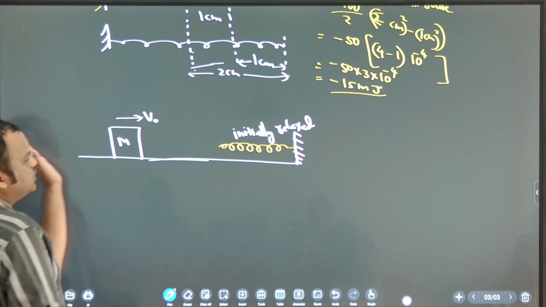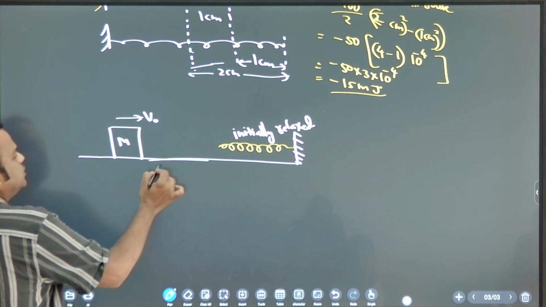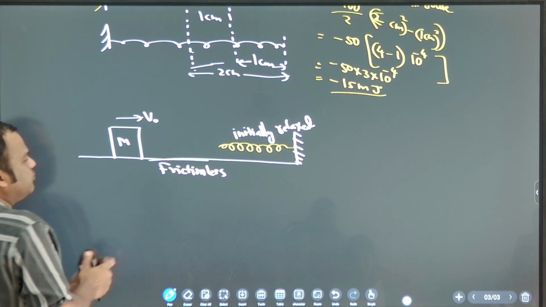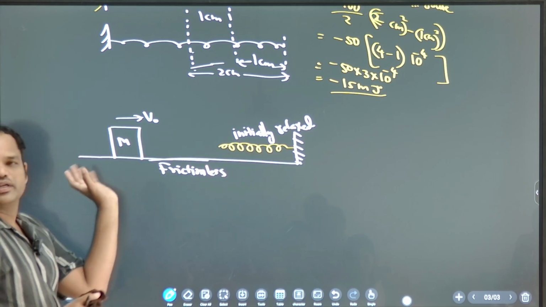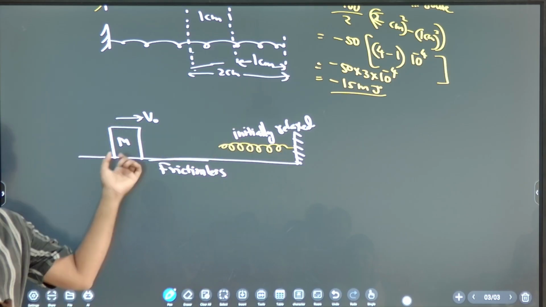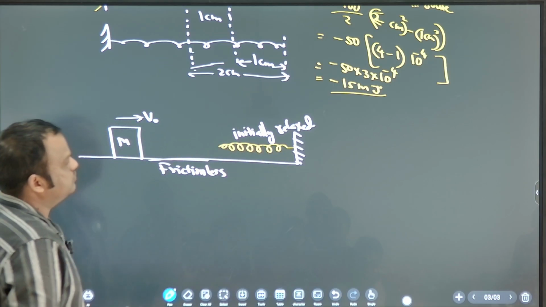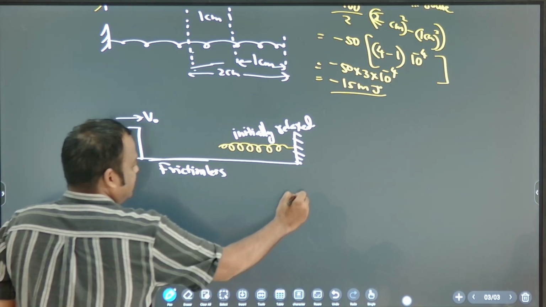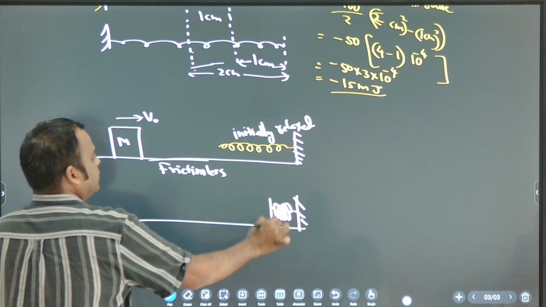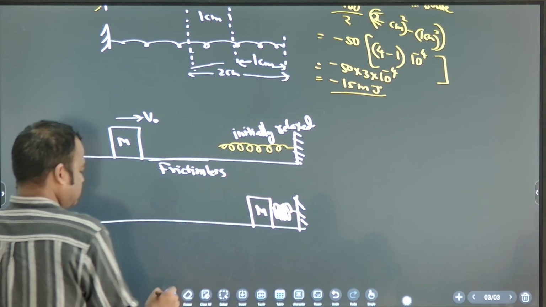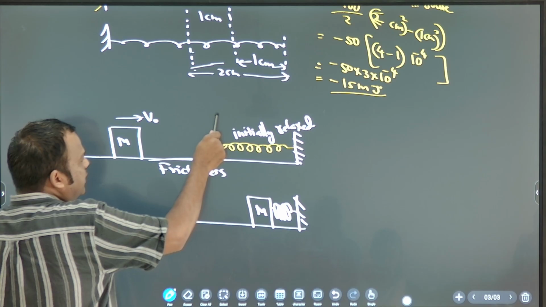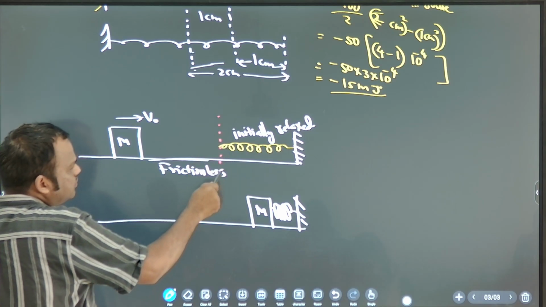So the block is coming on a smooth, frictionless surface. So what will the block do? It will compress the spring. Very good. Now the block is here. So initially the left end is here.